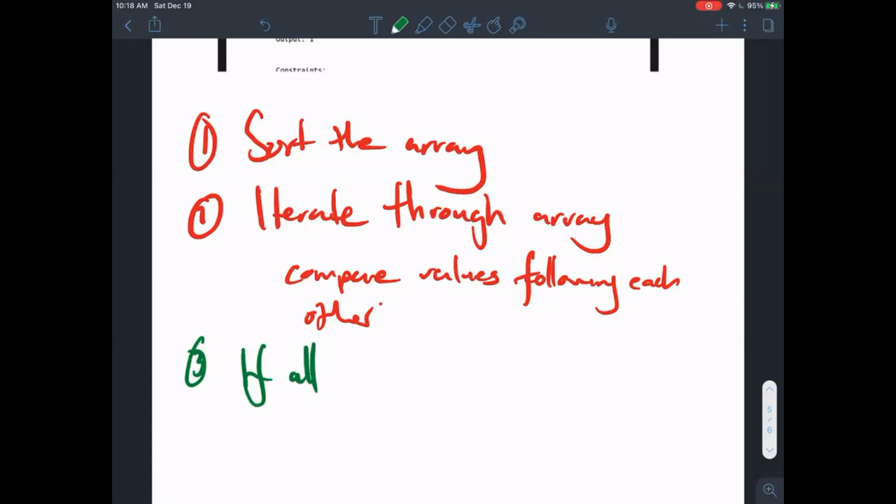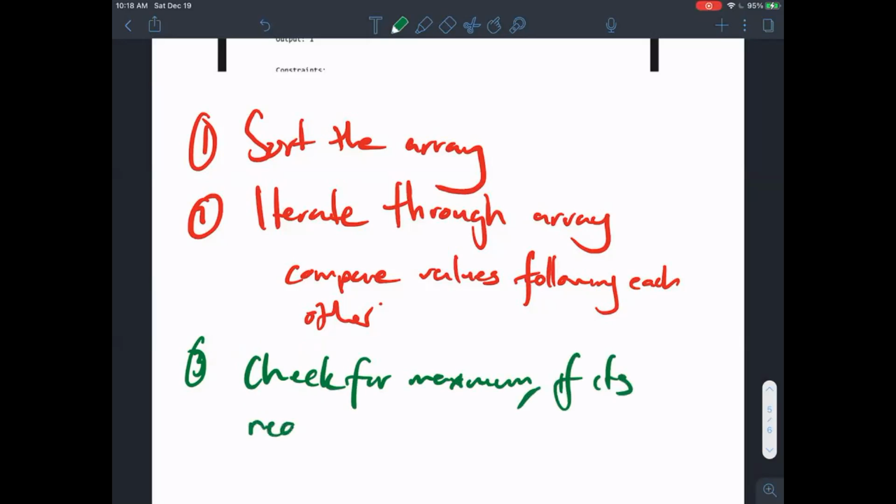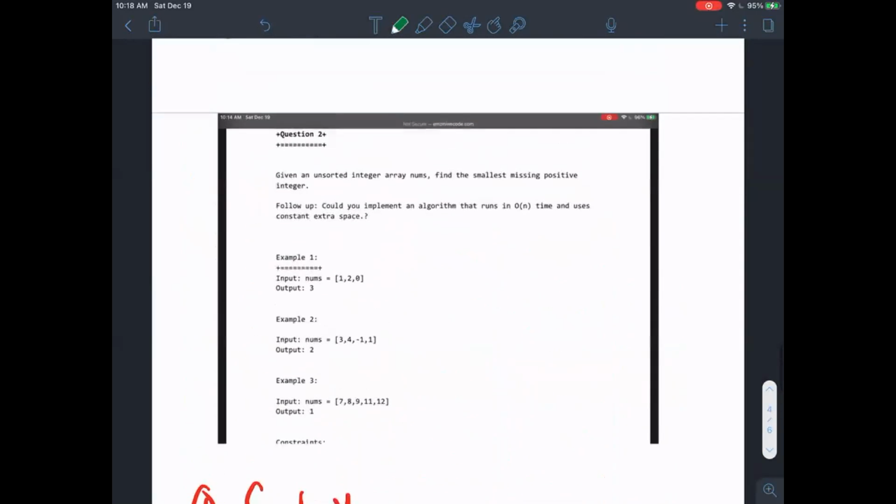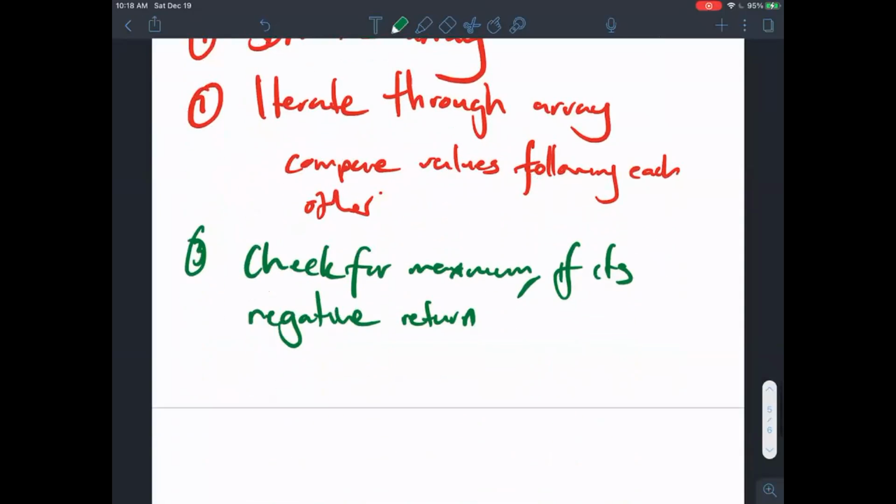So what you're saying is you check for the maximum, and if it's negative, then you know the smallest missing positive one is 1. Yes. Okay.